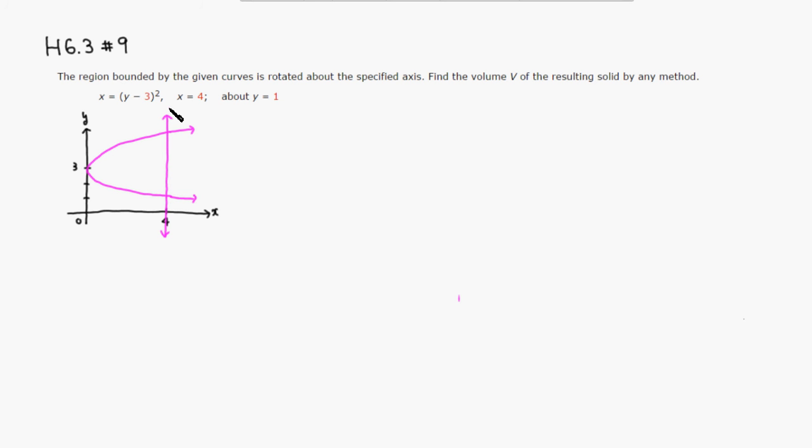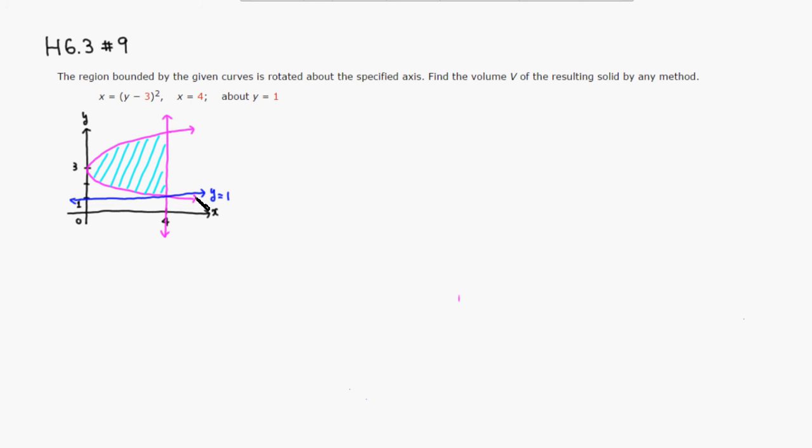So we have the region enclosed by this sideways parabola and the straight vertical line there. Then the axis of rotation is y equals 1, so that's a horizontal line at 1, which is right here. Conveniently, it's going to go through the intersection there.